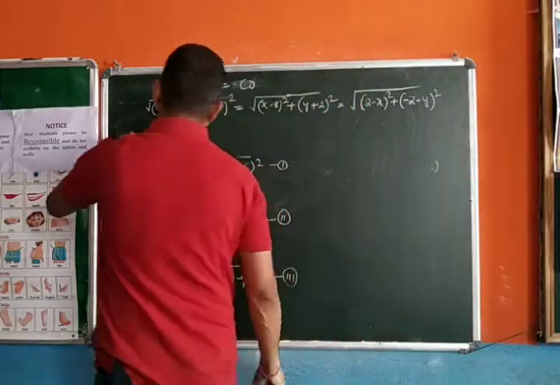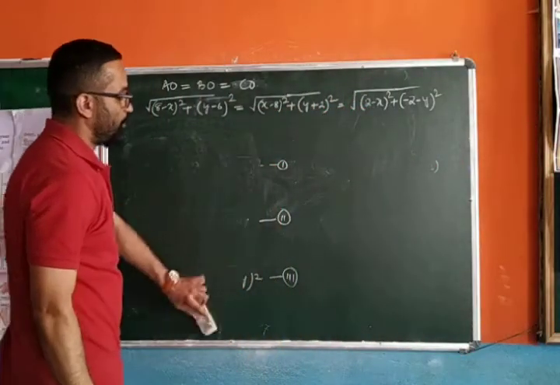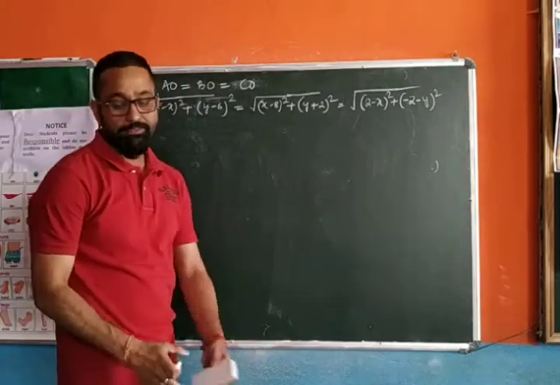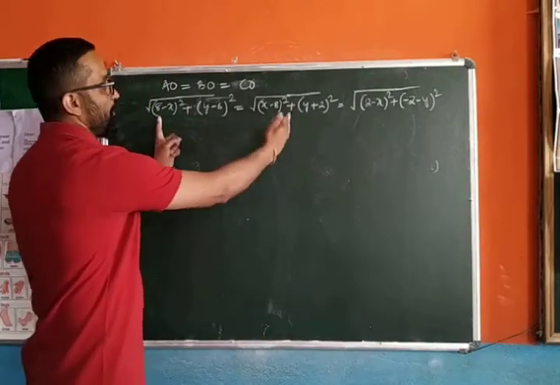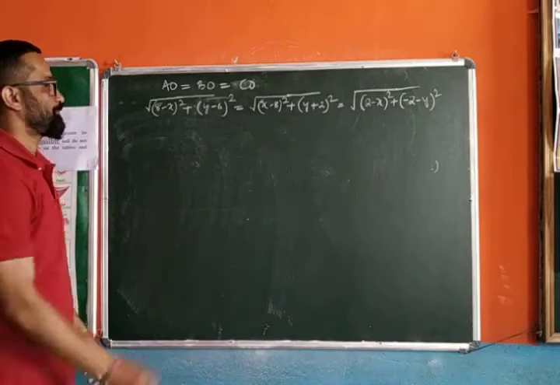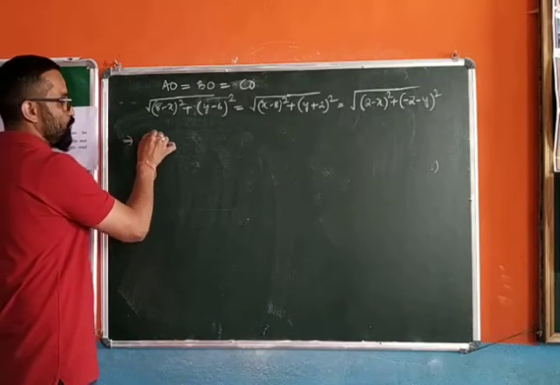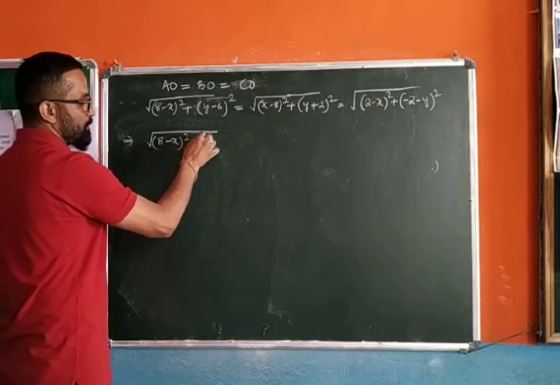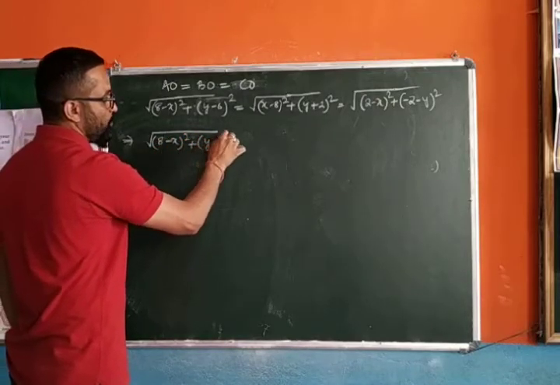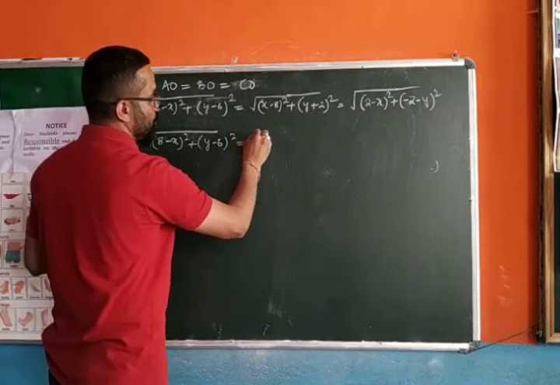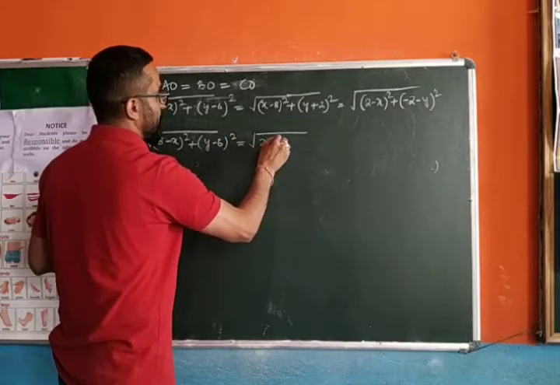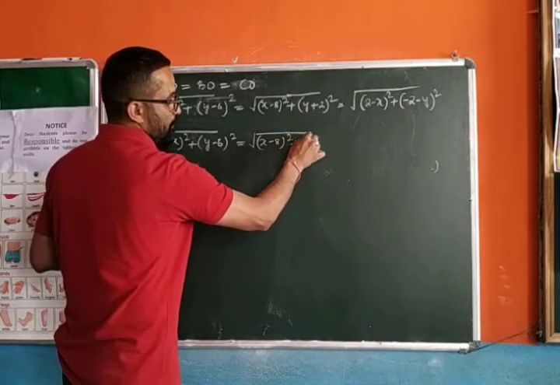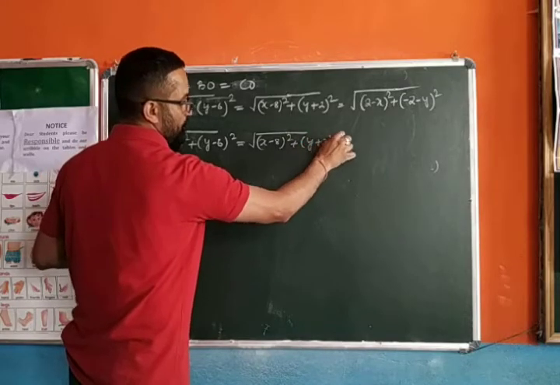You need to simplify to calculate the value of x, so look at the calculation part. We equate these two. Root of (8 - x) whole square plus (y - 6) whole square is equal to root of (x - 8) whole square plus (y + 2) whole square.